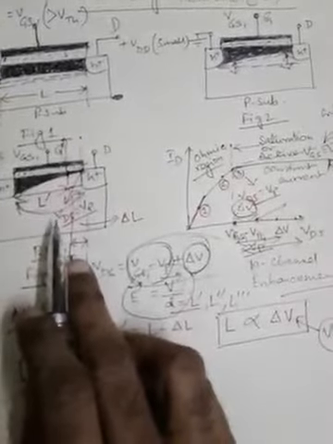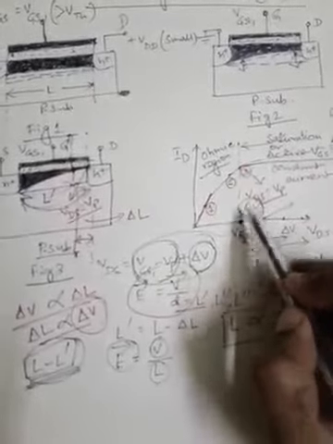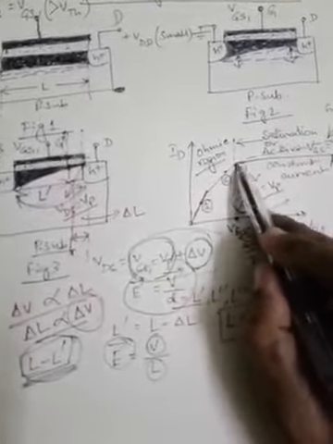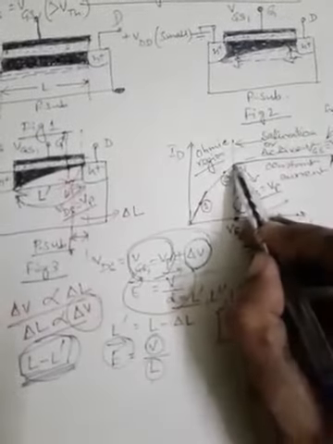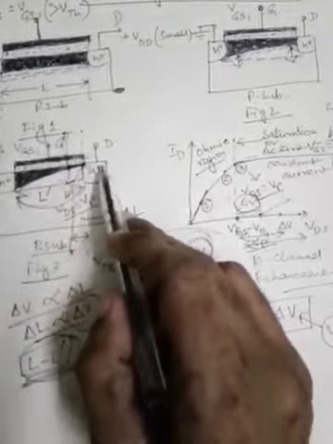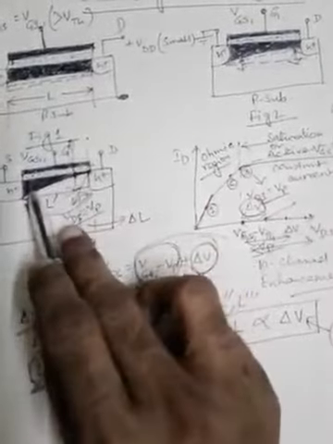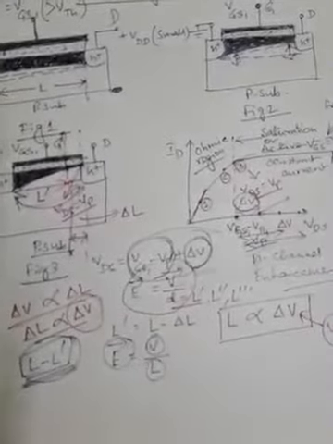As a result, with this channel length modulation concept, although pinch off is happening at this point number 3, the current is not constant, but there is still scope, since the electrons complete their journey because of CLM. Electrons will still be able to cover the length of the channel from source to drain, and as a result the drain current will flow in the external circuit, and this current will be somewhat increased compared to the previous occasion when channel length modulation was not there.